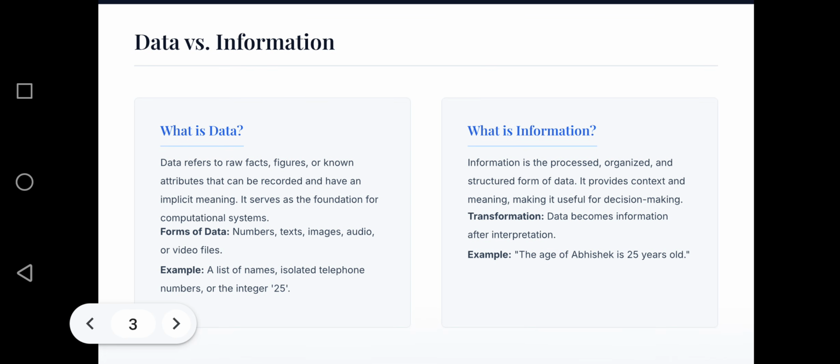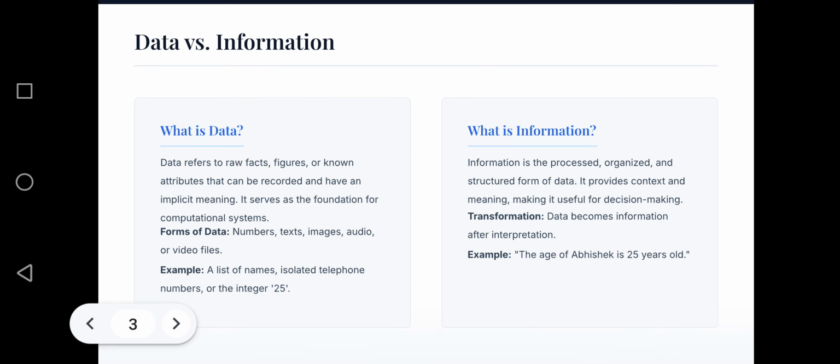Data means any raw data, which can be anything, maybe the name of a person, address of a person, date of birth of a person, everything is data.